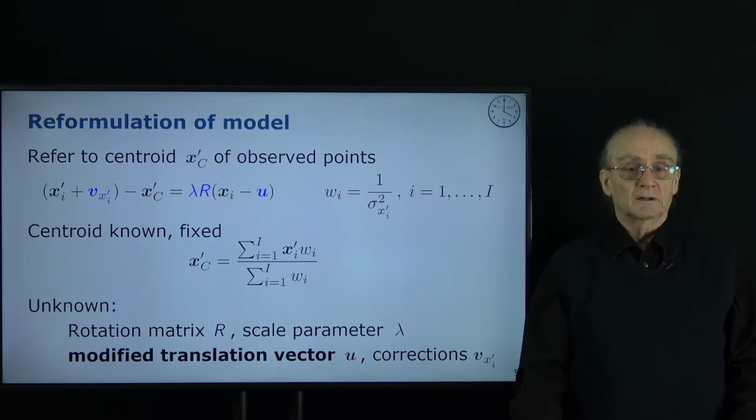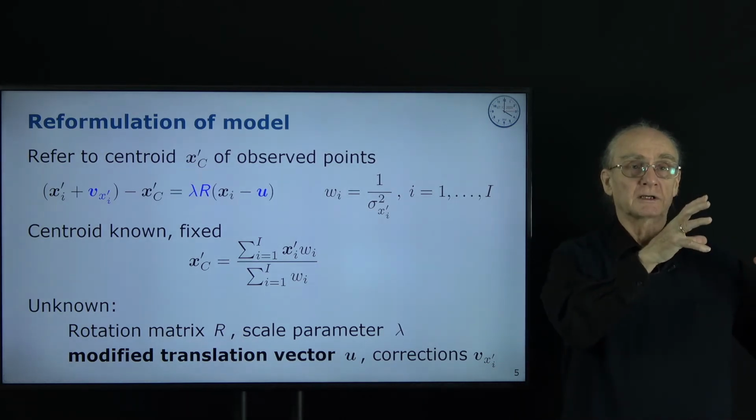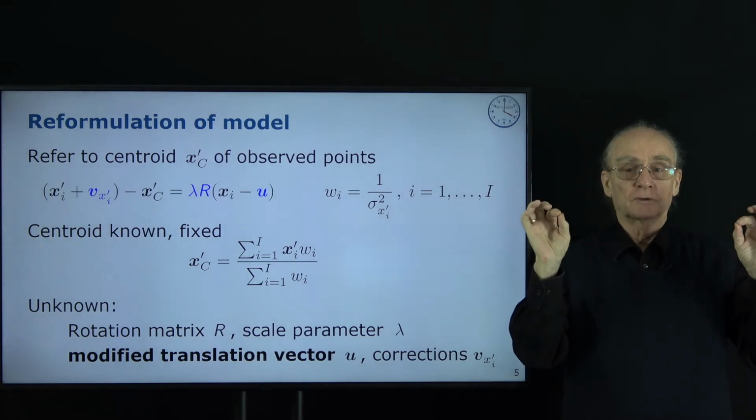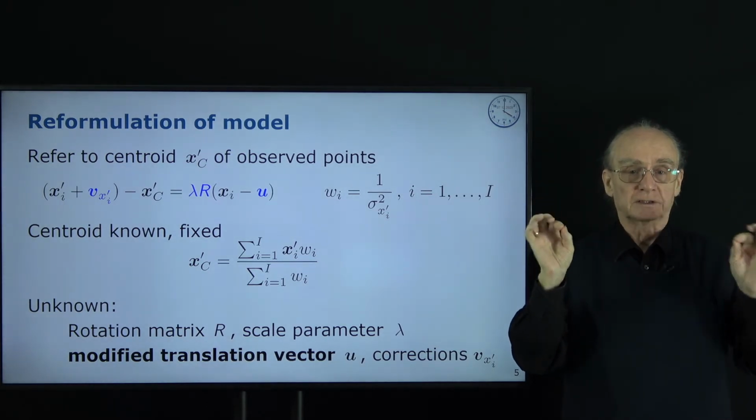The main thing is now that in this specific case, under these conditions, we can use a different simplified model. Actually, we refer to the centroids of the observed coordinates. So you have a point cloud here and a point cloud here. You take the centroids and refer all coordinates to that centroid.